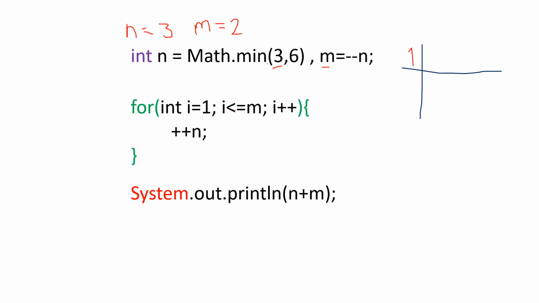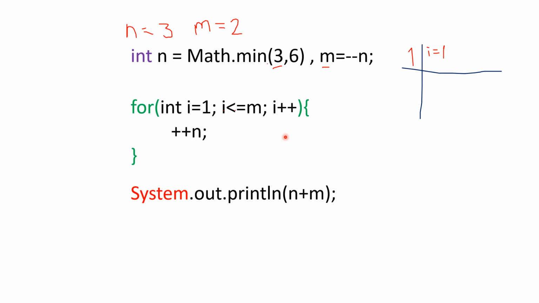So the first thing is int i equals 1. Okay, so our loop starts with the variable i and its value is 1. So I'll write that. Then we have i less than or equal to m. So that's a true or false condition, a boolean condition.